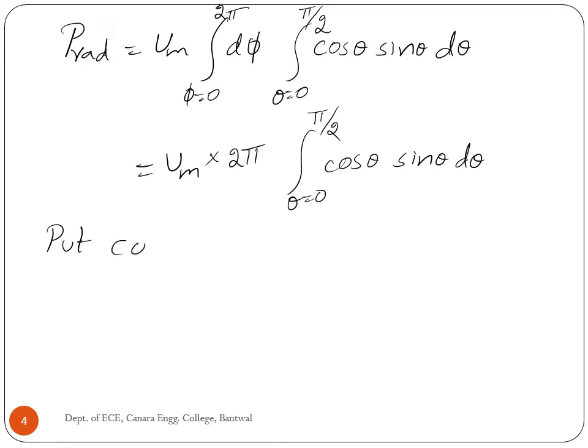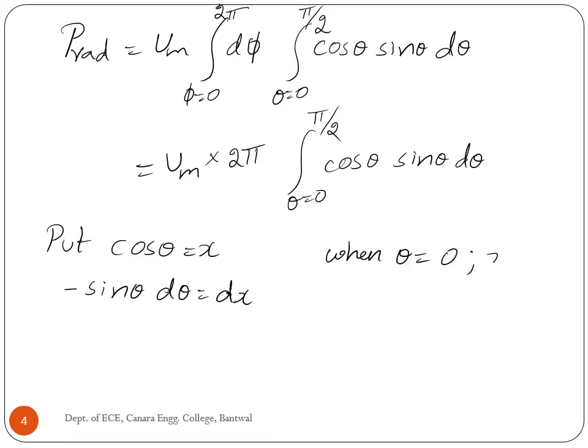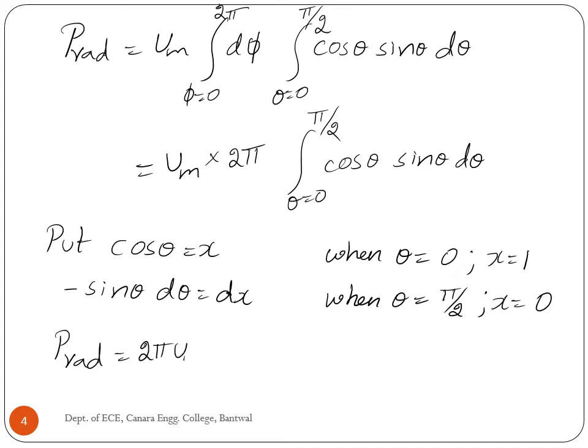Put cos theta equal to x, therefore minus sin theta d theta equals dx. When theta equals 0, x equals 1, and when theta equals pi by 2, x equals 0. Therefore radiated power is equal to 2 pi Um integral from 1 to 0 of x into minus dx.